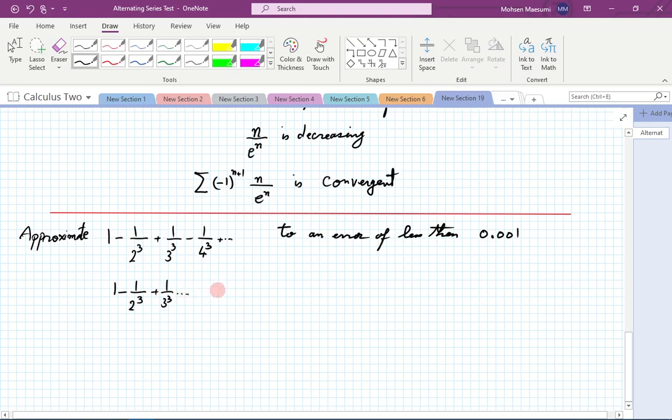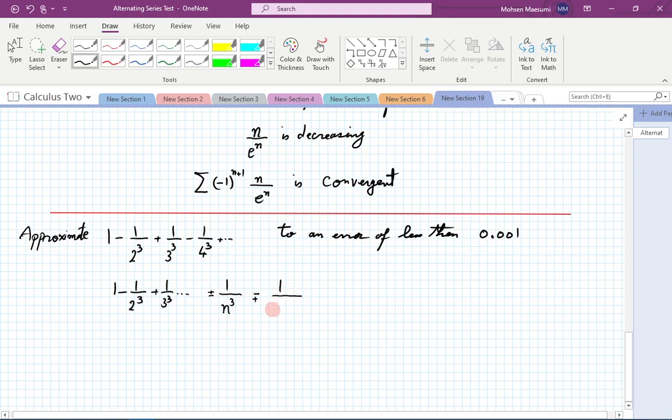so on we go. And suppose we decide to stop. Now we don't know if at the very last we have added or subtracted, so it could be either of them, depending on at the even numbers we are subtracting and the odd ones we are adding. So depending on where you stop, it's going to be some n cubed. Well, what comes after that, the signs are flipping, so it's going to be the opposite of this one.